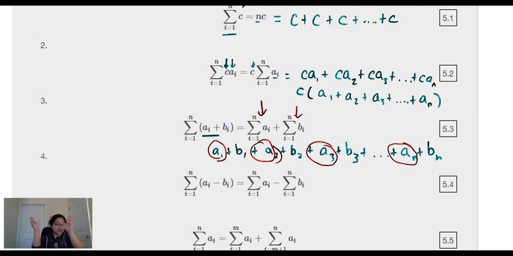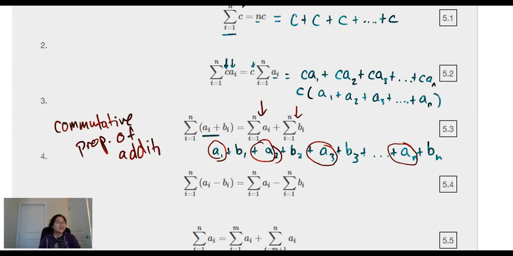So the rearranging happens because we are using the commutative property of addition. Isn't that lovely? I think that's quite lovely.